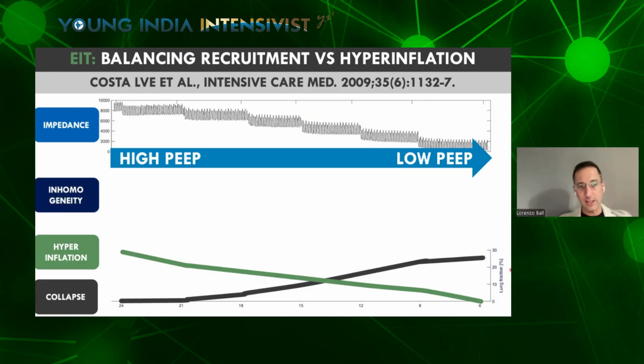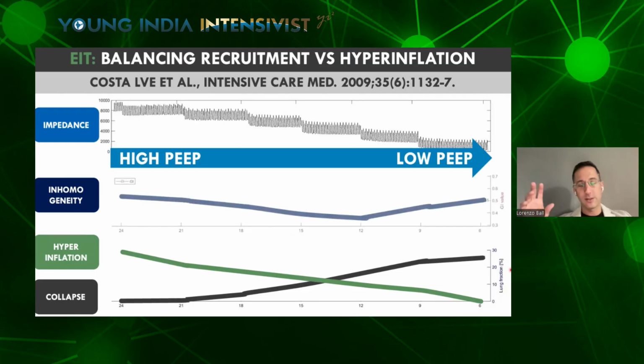I can also study another parameter related to regional distribution of ventilation, which is called the global inhomogeneity index, which is a number proportional to the differences of ventilation of different lung areas within one section of the electrical impedance tomography.